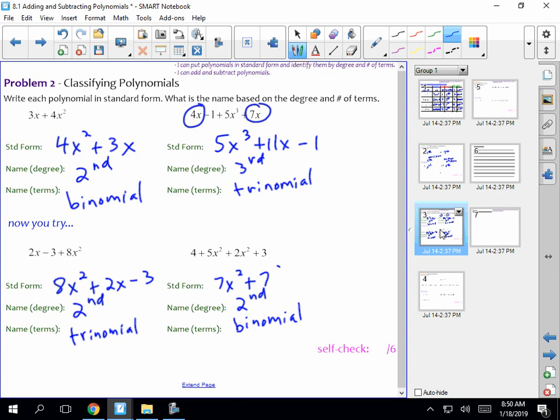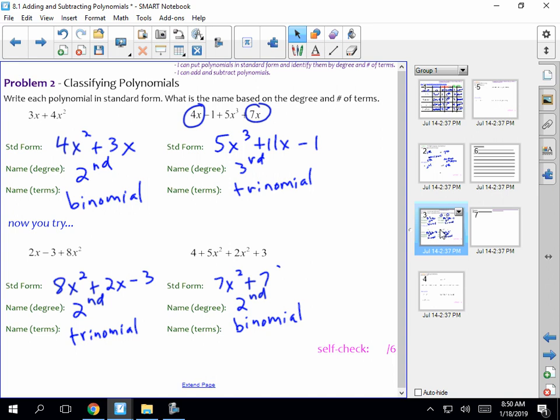Are there questions on that so far? So can we write it in standard form, decide on the degree, and name it based on the number of terms?